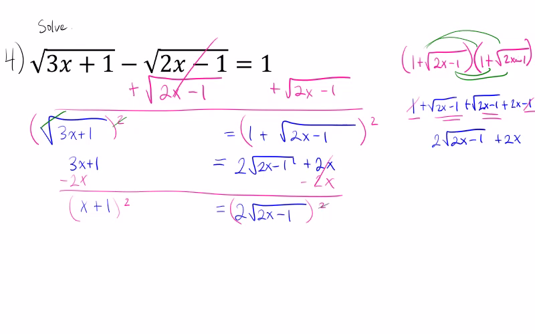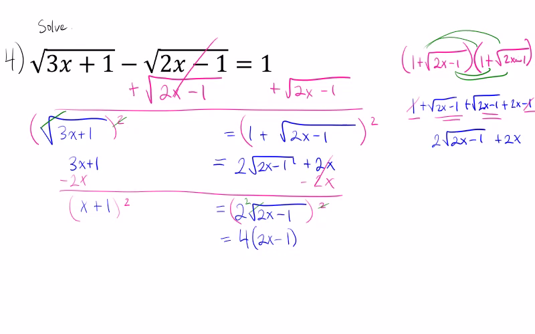So the square cancels out the square root. But I do have to square the 2, right? So it's going to end up being 4 times the quantity of 2x minus 1, right? So the radicand came out, and then I had to square the coefficient outside. And then over on this side, now I have x plus 1 squared.